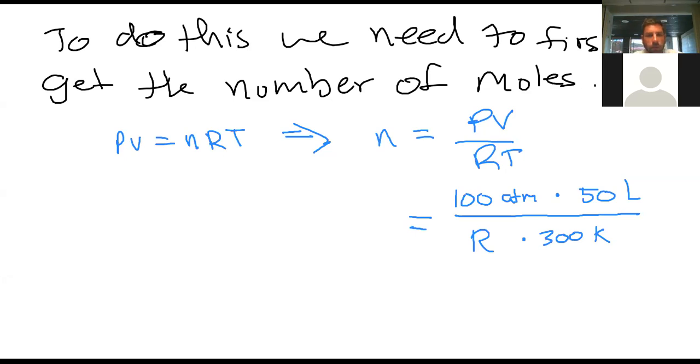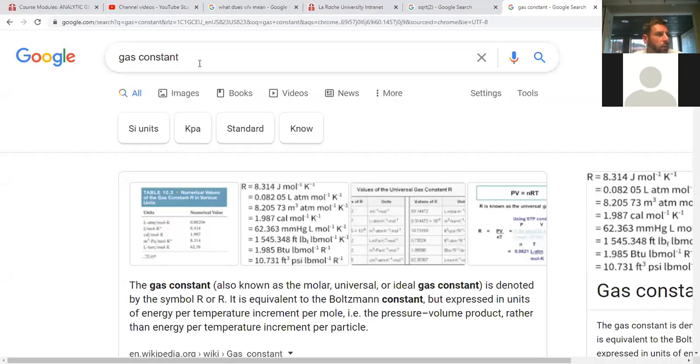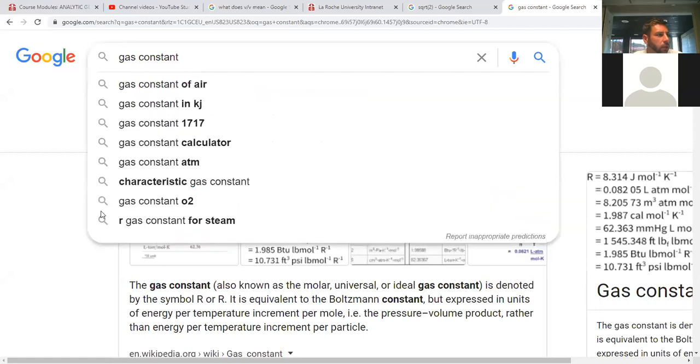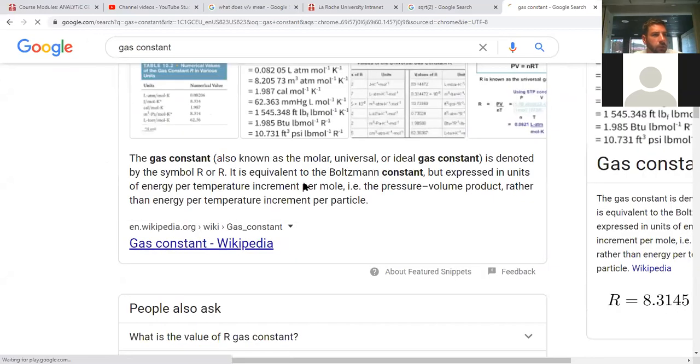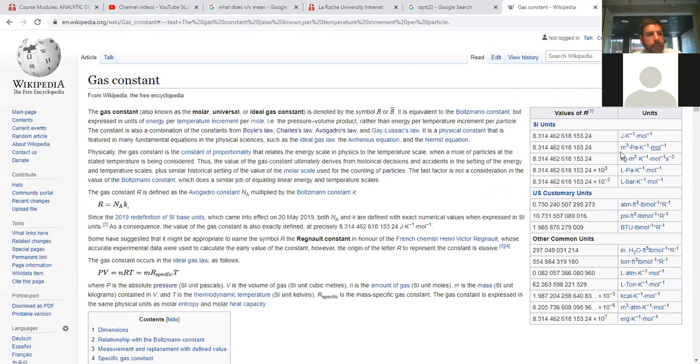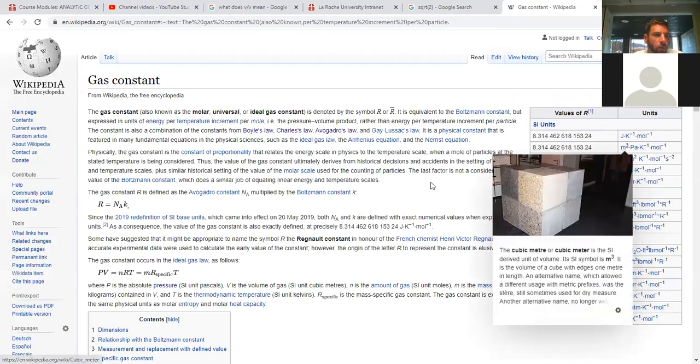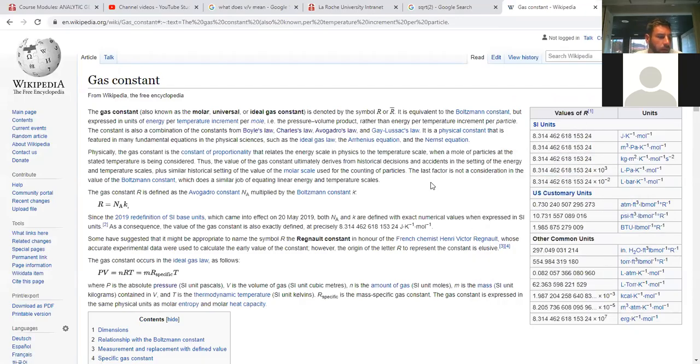Once I Google gas constant and go to the Wikipedia page, I look on the right-hand side and I say, okay, which ones are going to be useful for me? Well, remember, I have atmospheres, liters, and kelvins.